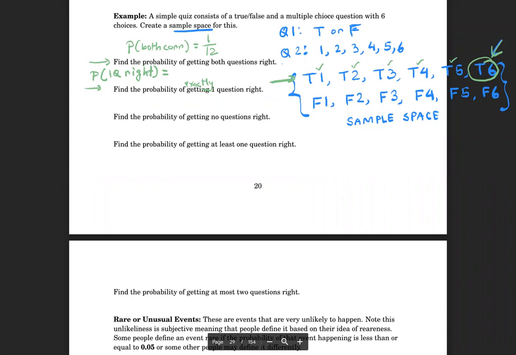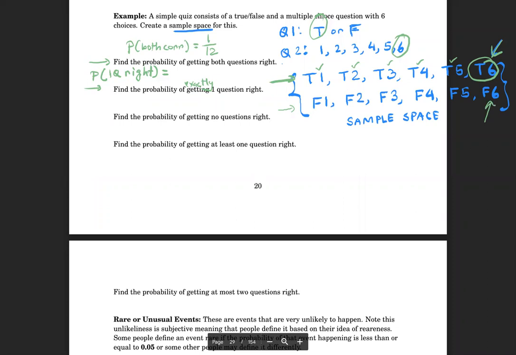If you look at the second row, everything is false for the first question. Everything is an incorrect response, because for the first question the correct response is T, and for the second question the correct response is 6. So in the second row, the first question is wrong for all of them, but there is only one for which the second one is correct.